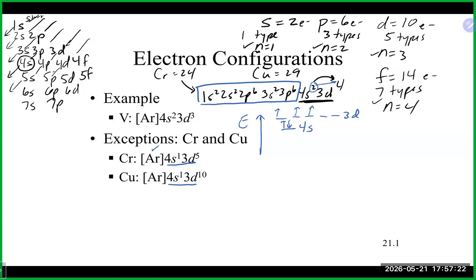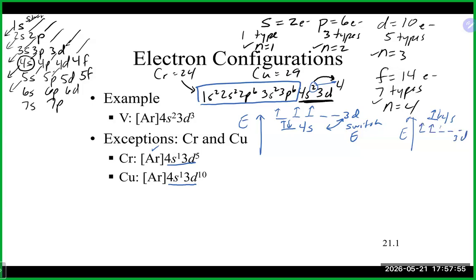Now, one of the things that does happen with electron configuration, especially with transition metals, is that once you start filling the d orbitals, there's a switch that occurs in terms of energy. Once those electrons go into the d orbitals, the d orbitals end up being lower in energy than the s, and the s actually becomes higher in energy.